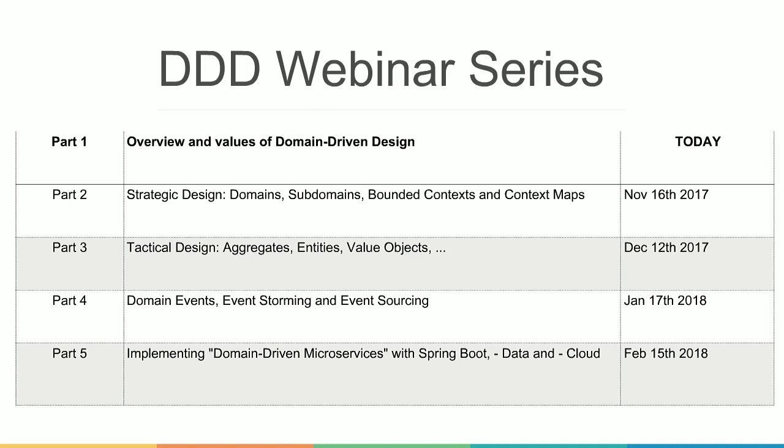We will take a look at what domains are, what subdomains are, and what DDD brings to the plate that goes a little bit further than the typical enterprise architecture look at domains and subdomains. We will learn what a bounded context is and how we can put bounded contexts into interaction with each other, looking at context maps.